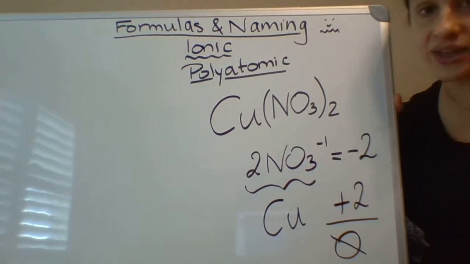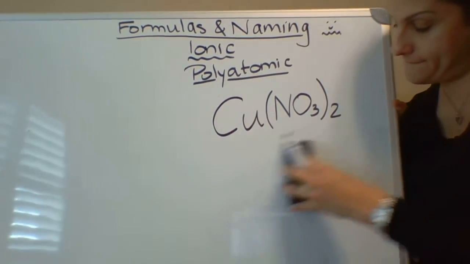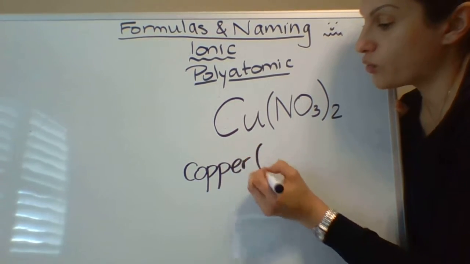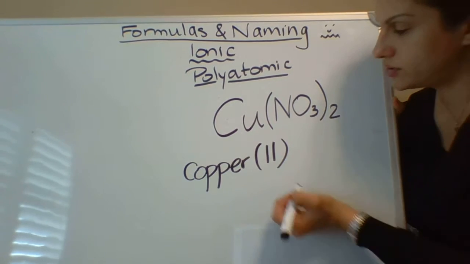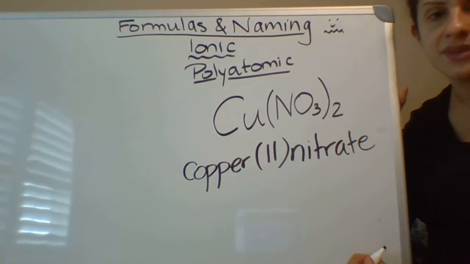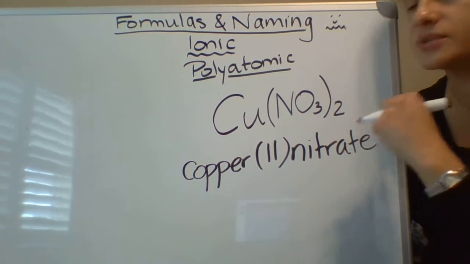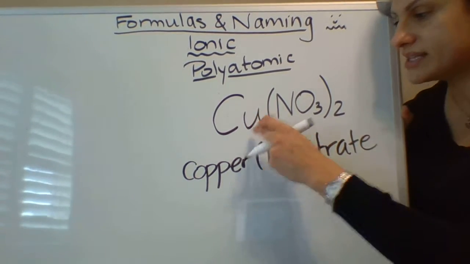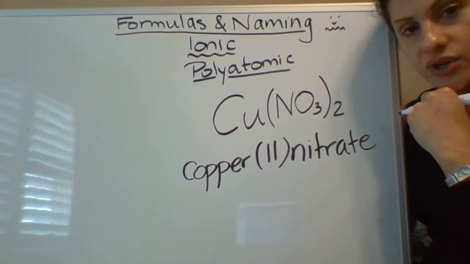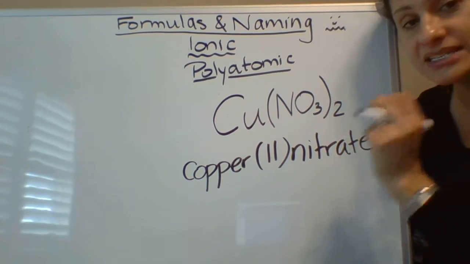So how would you write down the name? You would write it as copper, Roman numerals, 2, nitrate. So that is the more complicated compound that you will deal with when it comes to formulas and naming: a transition metal and a polyatomic ion combined together to form a compound. Always remember the rules, that the charge of an ionic compound must be 0.